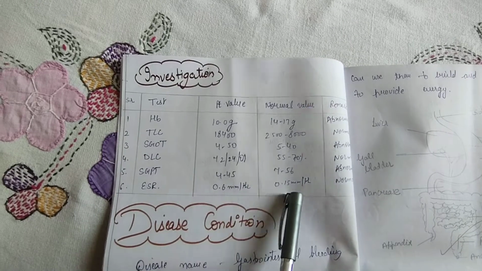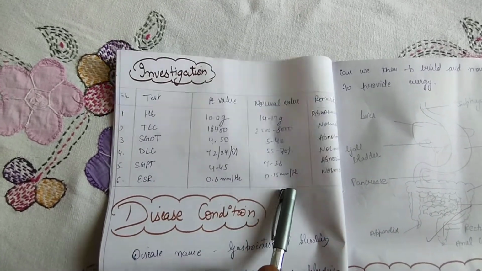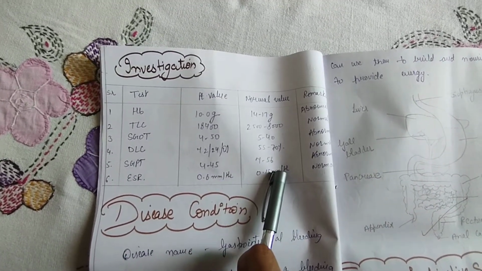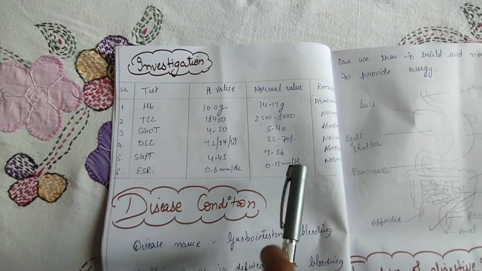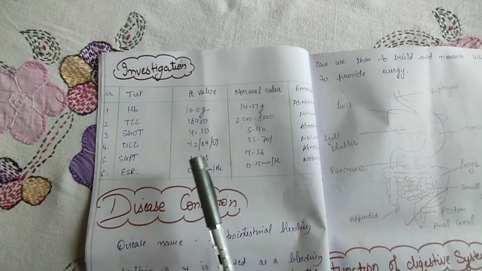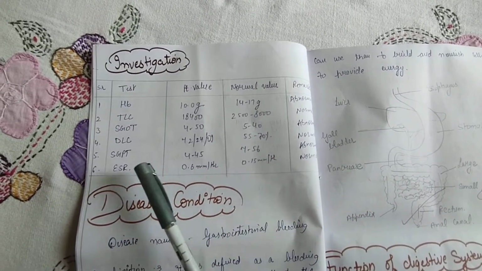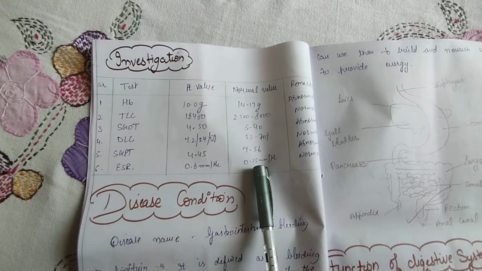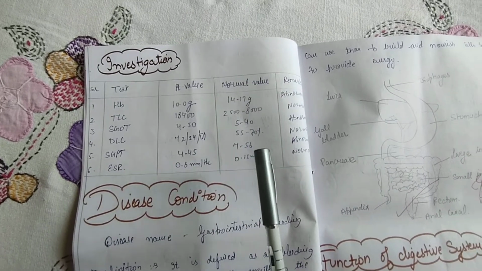So till lab investigation, the criteria of the nursing care plan and the case presentation are the same. I want you to know that till investigation, all the criteria I have followed are the same in the nursing care plan and the case presentation.